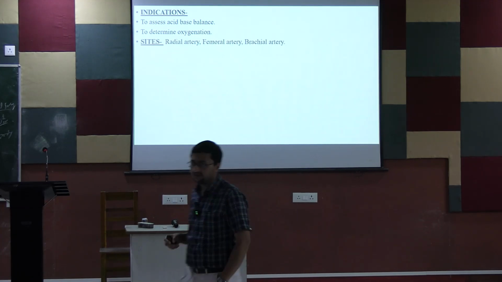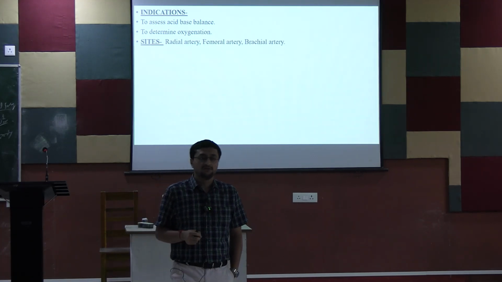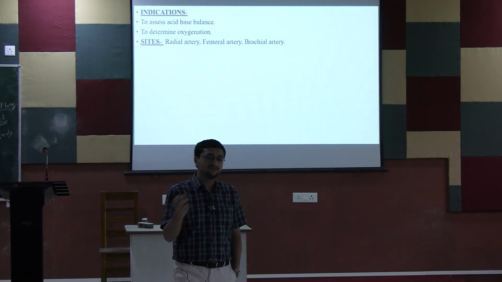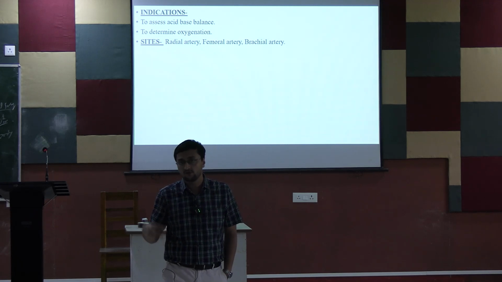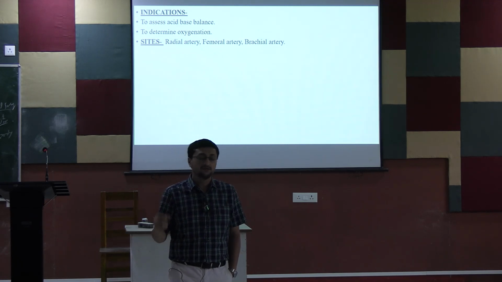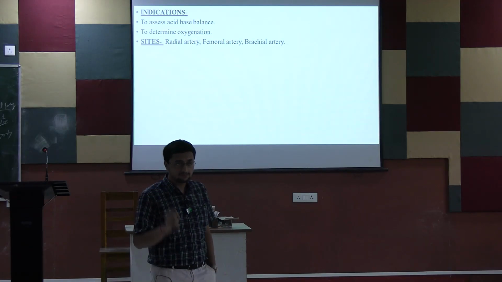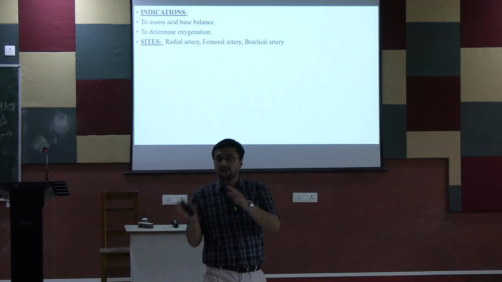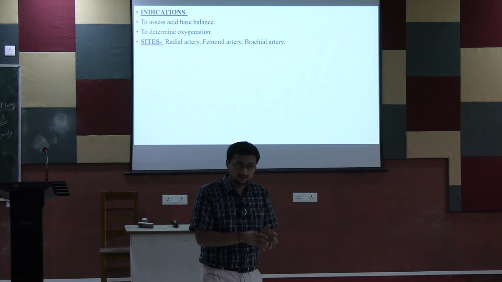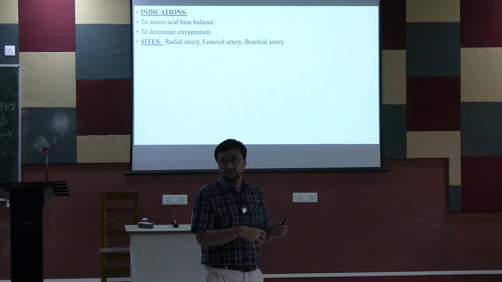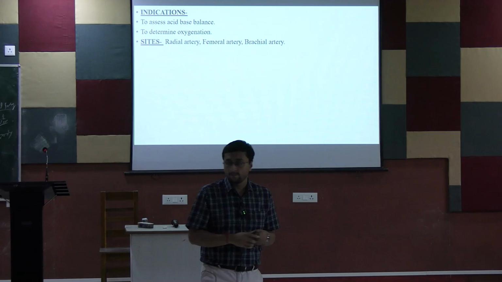And during the ventilation period, if the patient is on a non-invasive ventilator or an invasive ventilator, then arterial blood gas estimation is useful to detect whether ventilation is adequate to compensate the primary acid-base balance, right?